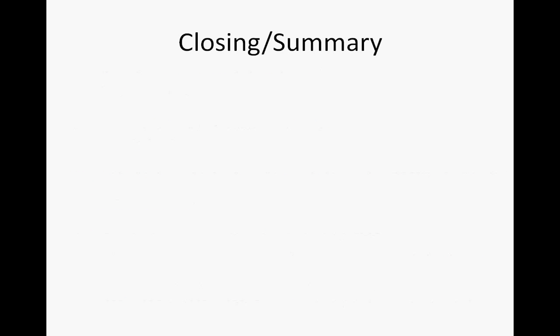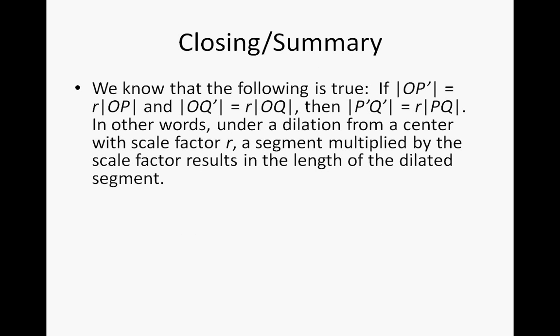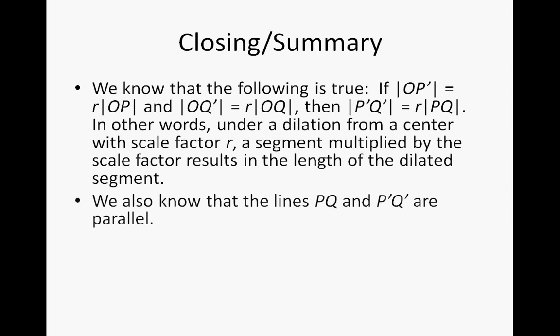Alright, so let's go ahead and close this out. First of all, we know that the following is true. If a dilated line segment is equal to the original line segment times the scale factor, in other words, under a dilation from a center with a scale factor r, a segment multiplied by the scale factor results in the length of the dilated segment. We also know that lines PQ and P'Q' are parallel.